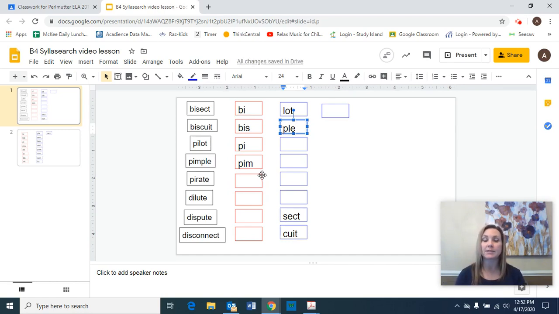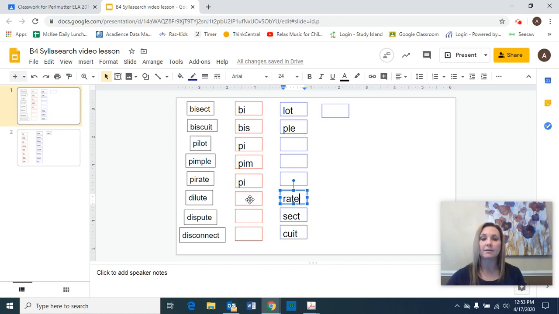Now let's break it up into syllables. Pirate. How many are there? 2. Good. What are the letters that make up the first syllable in pirate? P-I. Good. What about the letters that make up the second syllable in pirate? R-A-T-E.